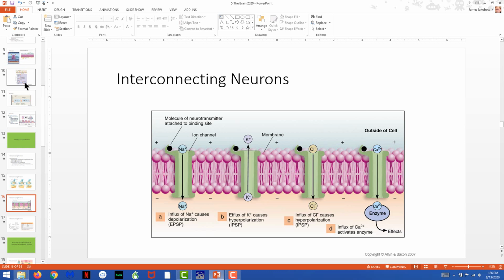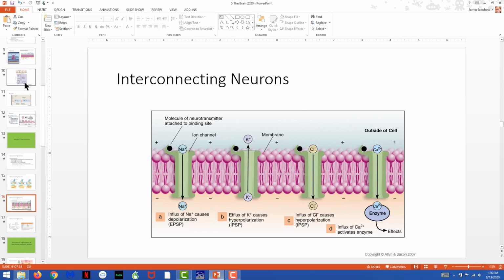If we go to the next channel, some neurotransmitters or locations in the nervous system will allow chlorine to come in. Chlorine is, of course, negatively charged, and making the inside of the cell more negative is, of course, an inhibitory postsynaptic potential, or, if you like, hyperpolarization.